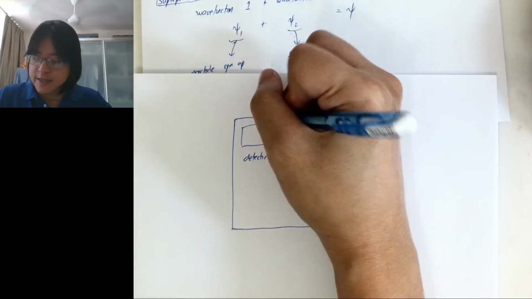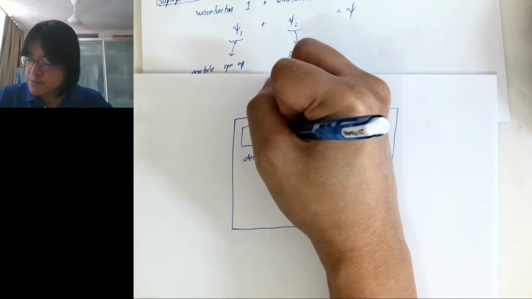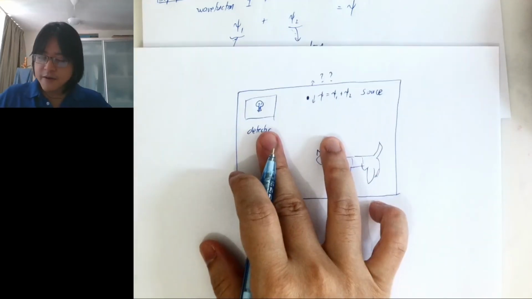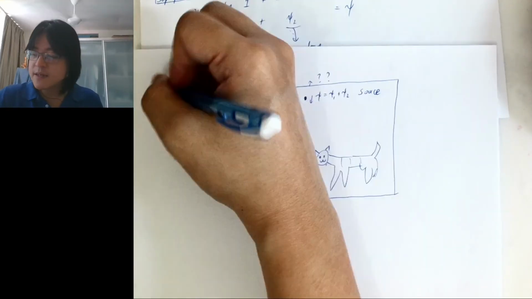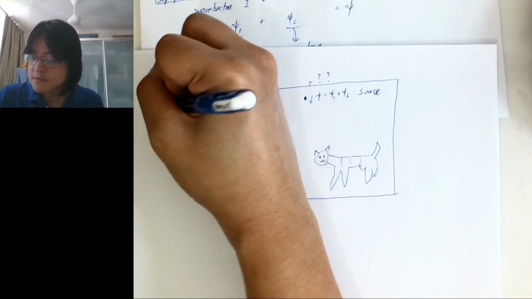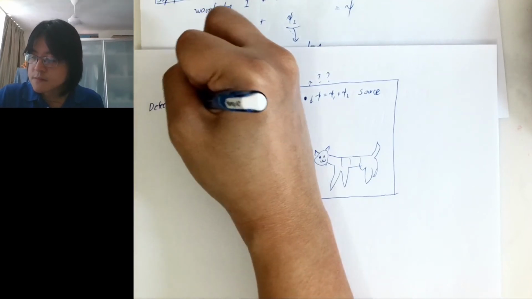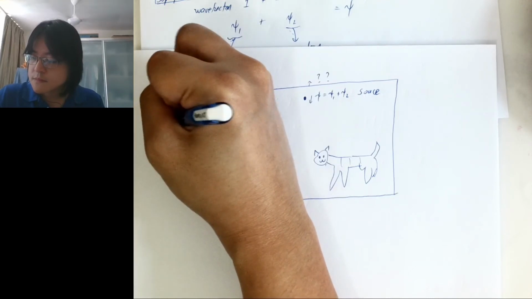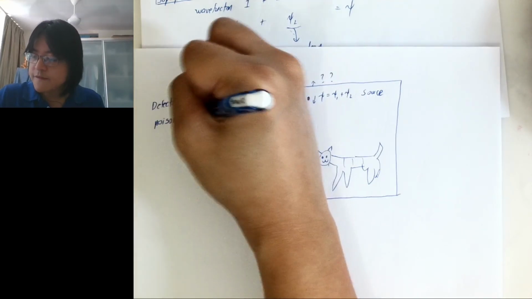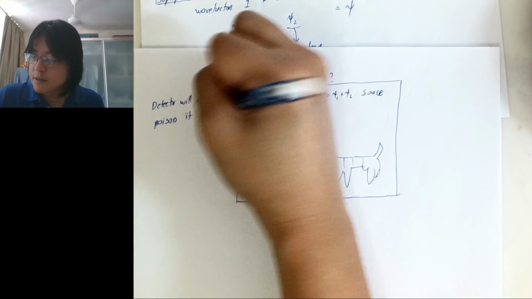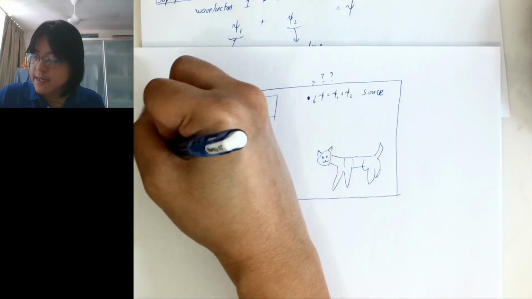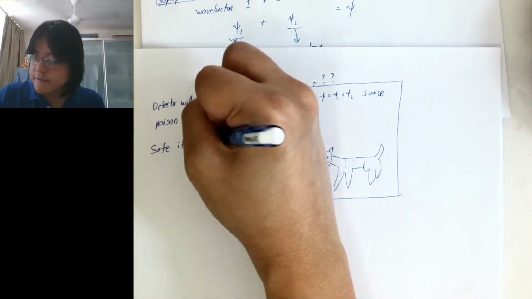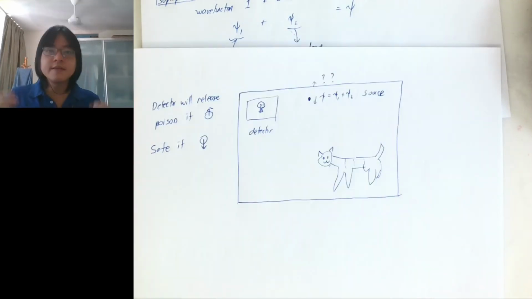This detector contains poison gas. So for example, the detector will release poison if the particle is in state up, but the cat is safe if the particle is in state down.